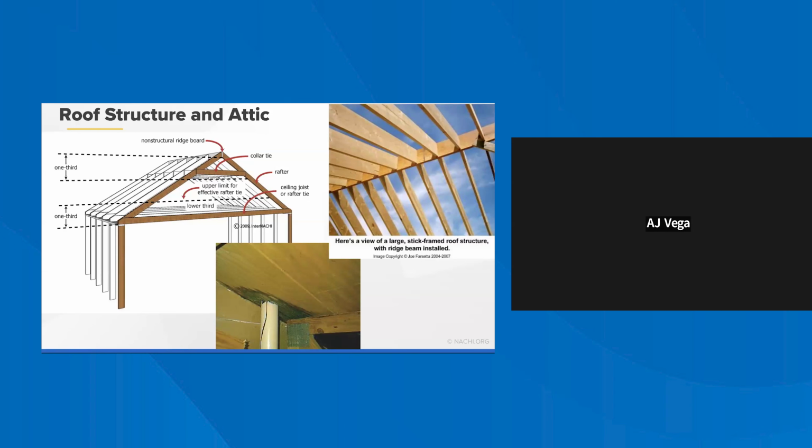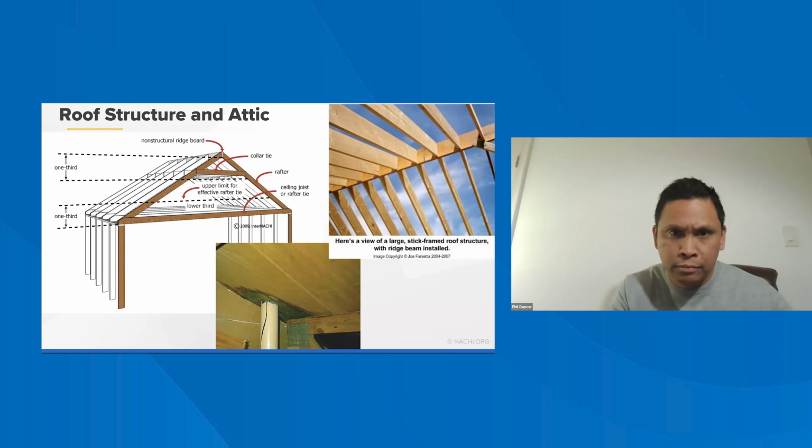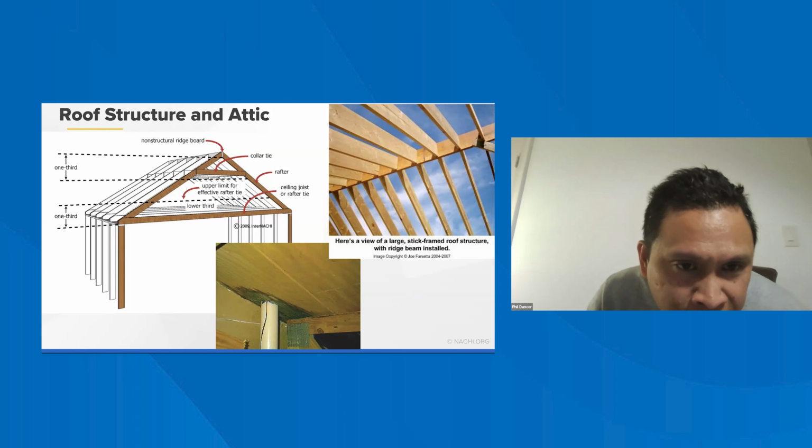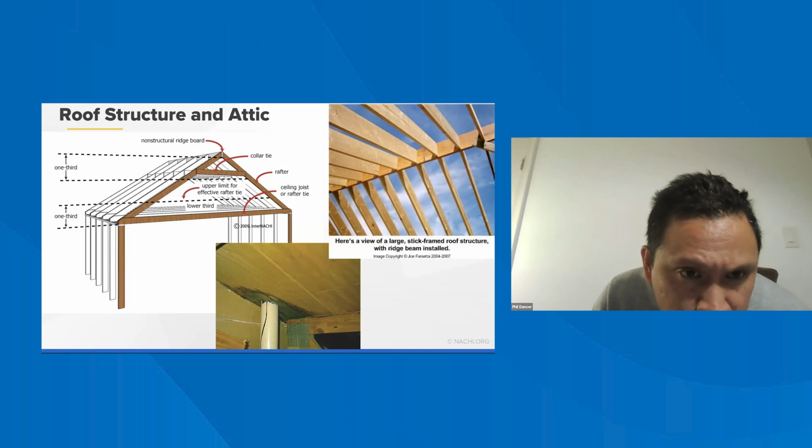All right, and this is a good question to lead in to the next slide. Should there be a double upper plate in your diagram? Hold on one second. Let me see.